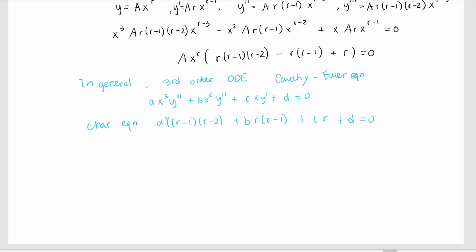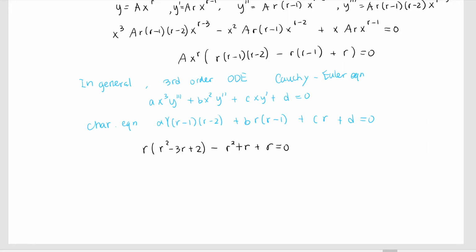So let's figure out our characteristic equation. Let's multiply it out. We have r, so r minus 1 times r minus 2 is r squared minus 3r plus 2, minus, we distribute the r, so we have minus r squared plus r, plus r, equal to 0. So far so good.